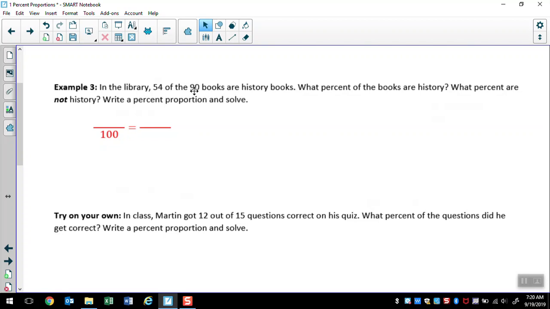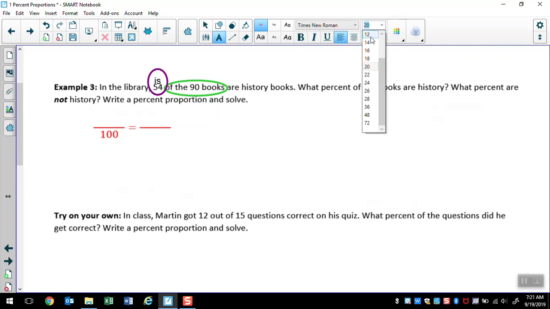So a total of 90 books, okay? Some of them are history. This is going to be our is, or our part. Of the 90 books, okay? Since we had the word of, we could count this as an is over of, or we could count this as a part and a whole.